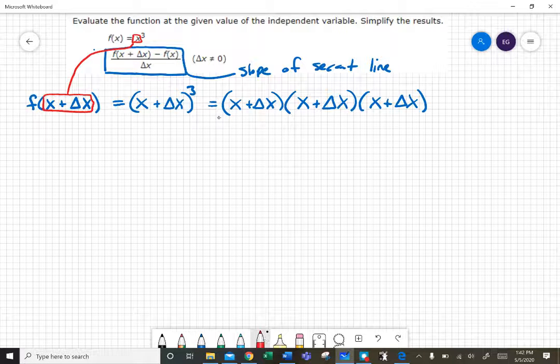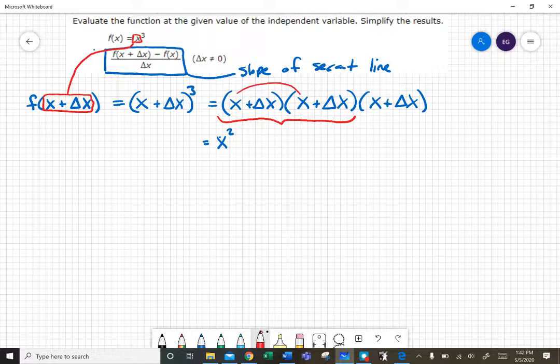Okay, so let's FOIL this out. Let's deal with the first two. First times first, x times x, so that's x squared.